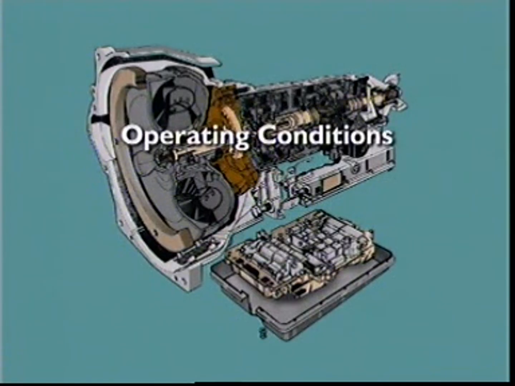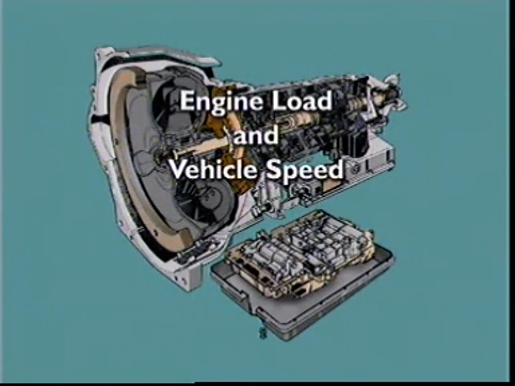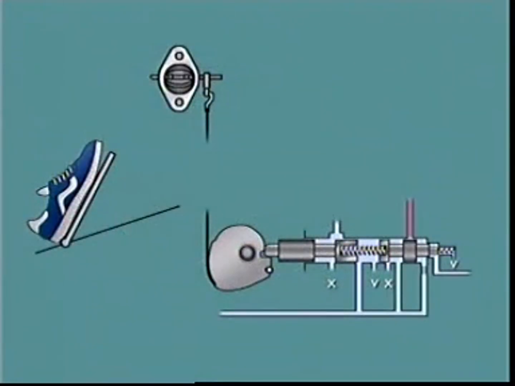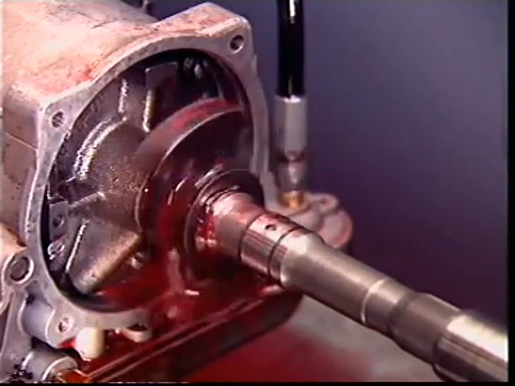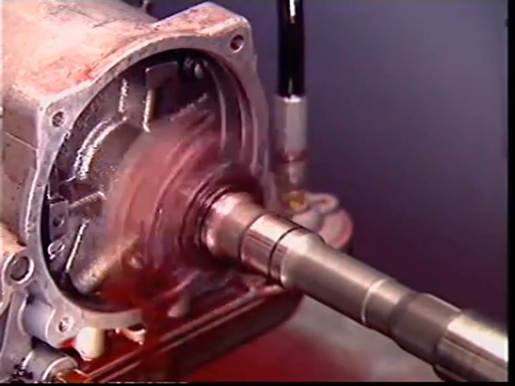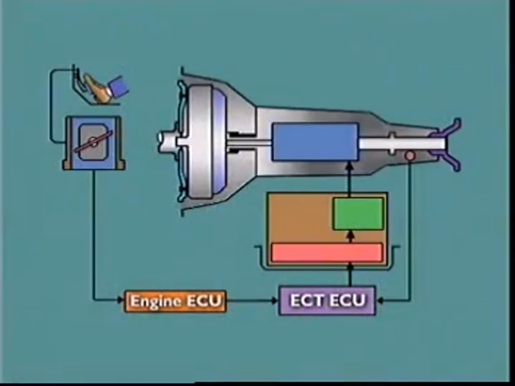These conditions are signaled to the control valves, and two inputs are critical: engine load and vehicle speed. The engine load signal can come via a cable connected to the throttle linkage. The speed signal is provided by a governor valve attached to the transmission output shaft.